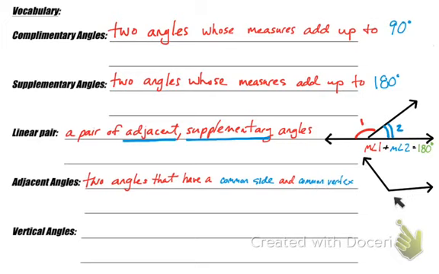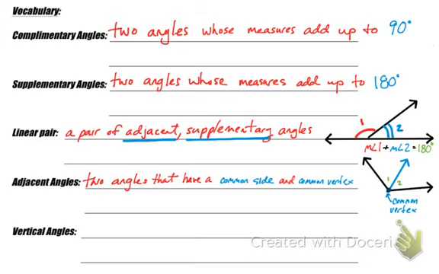And if we have a ray coming from that common vertex, we have our angle 1 and angle 2, not necessarily congruent, but just identifying that these are two different angles. And there's our common vertex. So they have a common ray right here and a common vertex right here. So those would be considered adjacent angles.